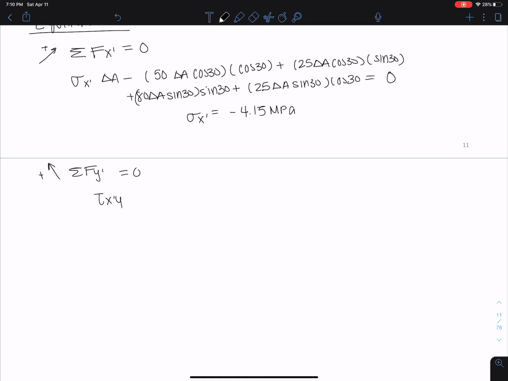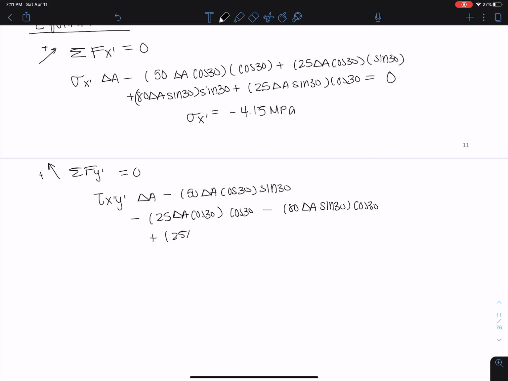And we get tau x prime y prime delta A minus 50 delta A cos 30, but it needs to be the component in the y prime direction, minus 25 delta A cos 30, minus 80 delta A sine 30 cos 30, plus 25 delta A sine 30 sine 30 equals 0.